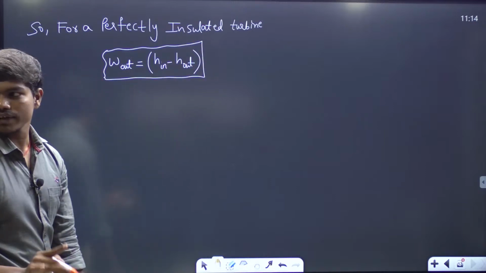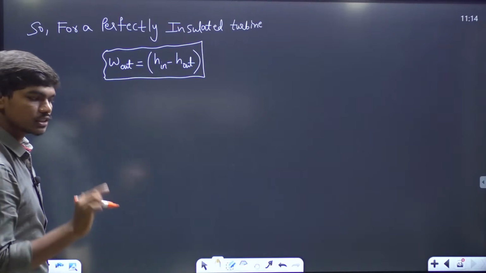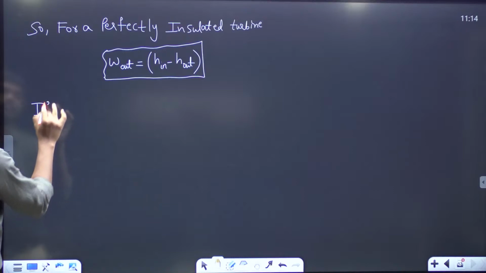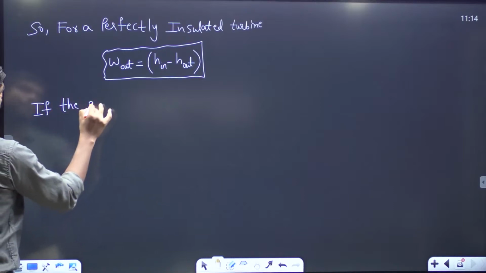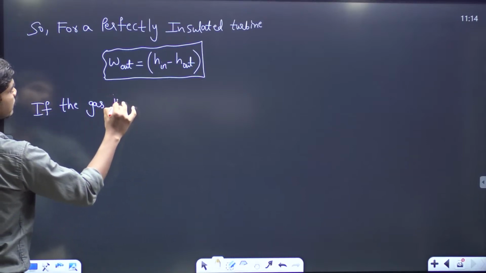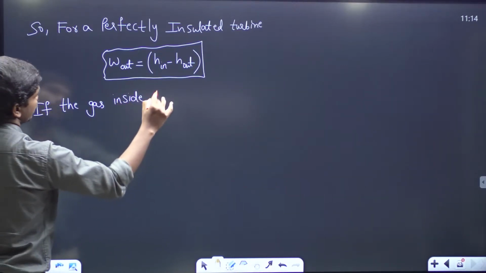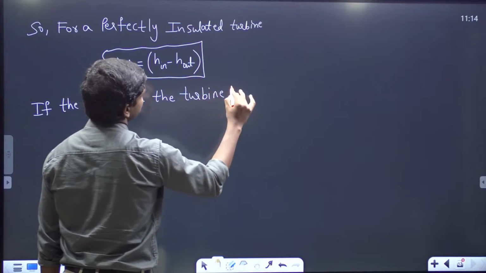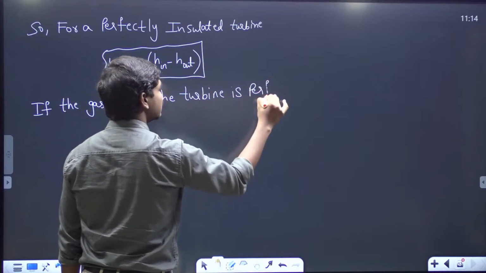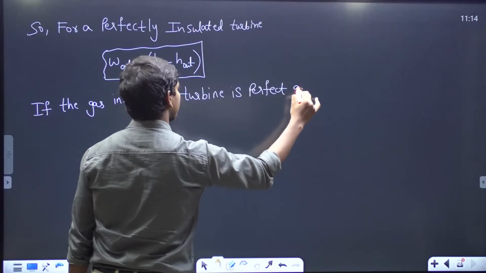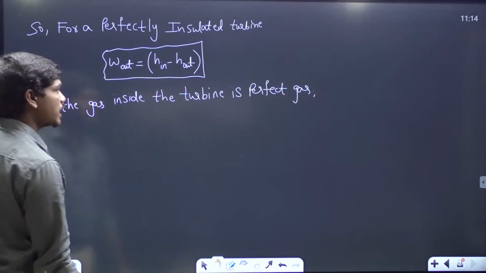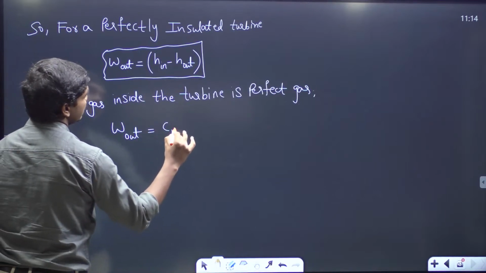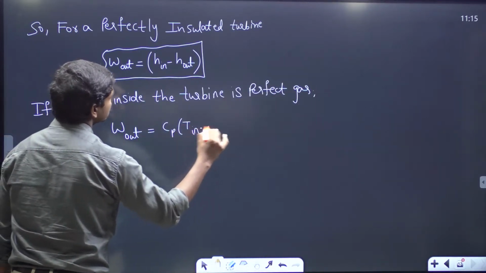But in the exam, if they give you some values corresponding to the potential energies and kinetic energies, you should consider them. Okay. So next, if the gas inside the turbine is a perfect gas, then you know, for a perfect gas with constant specific heats, this W out is equal to Cp into T in minus T out.